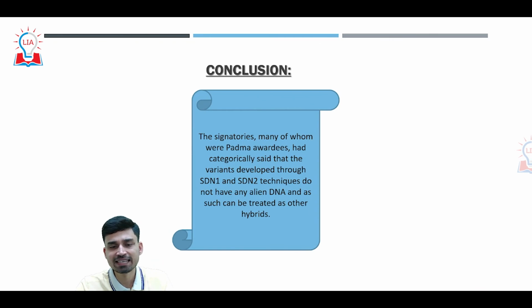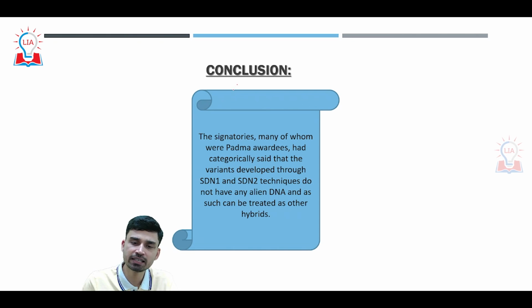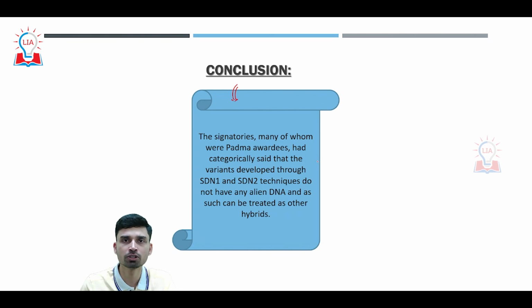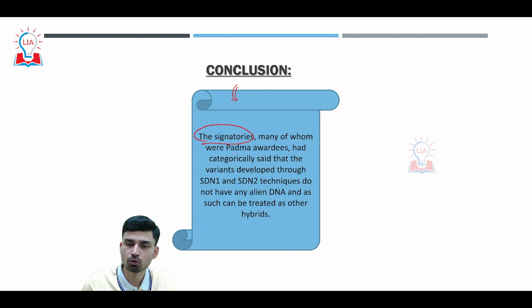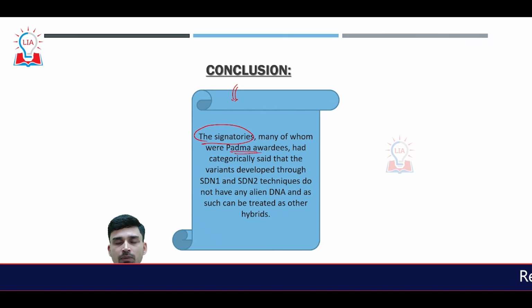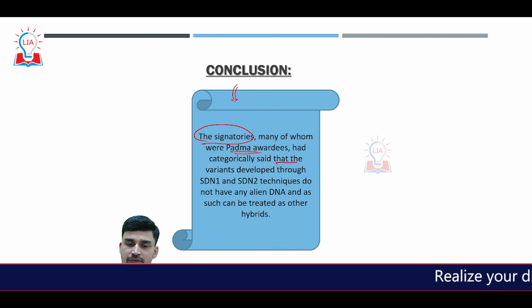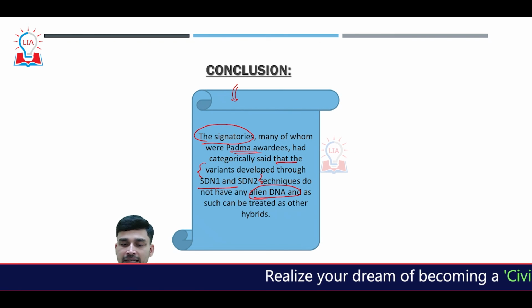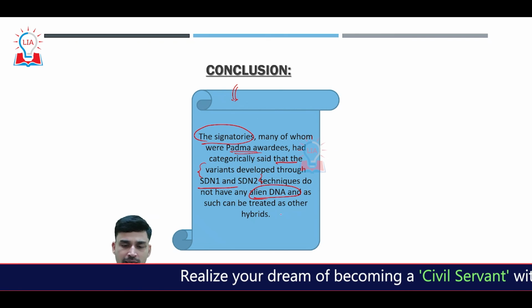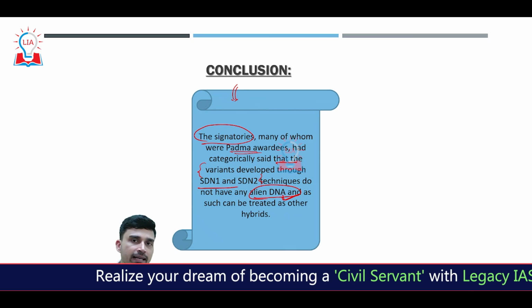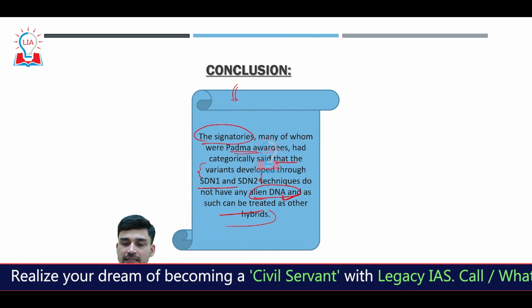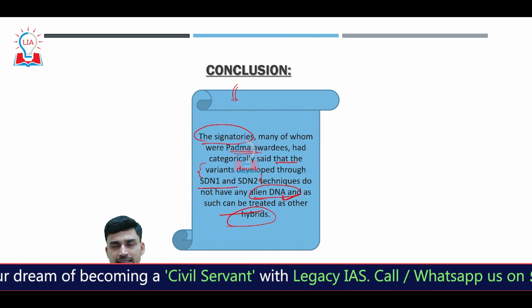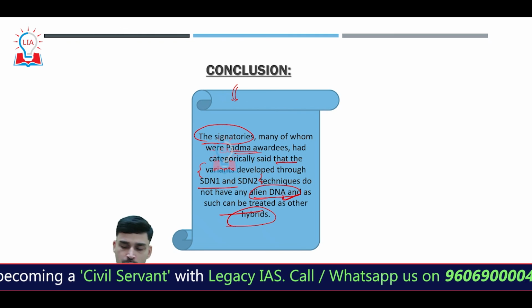So in conclusion, as far as genetically edited crops or organisms are concerned, the signatories called by the government of India, who are mostly scientists including Padma awardees, have categorically said that variants developed through the SDN1 and SDN2 techniques do not have any alien DNA, as discussed before, and since they do not have any foreign DNA, they can be treated as simple hybrid crops and can easily get approval to be introduced into the market.